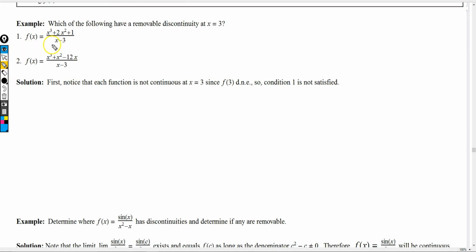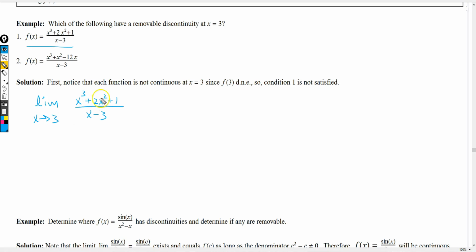All right, so for the first one here, we need to look at the limit as x converges to 3 of this function, and we have to see if this exists. If it exists, we might be able to redefine it at 3 to make it continuous, so the discontinuity would be removable.